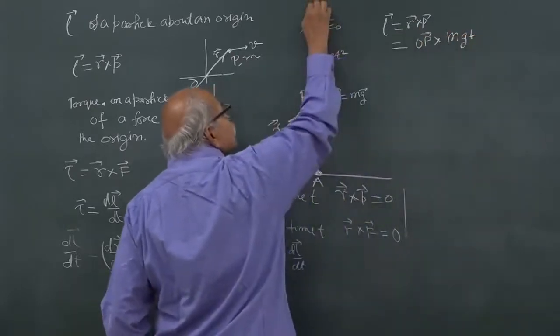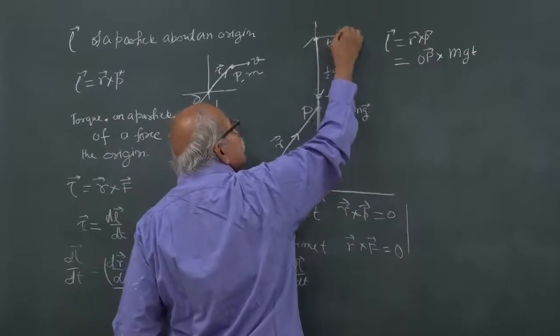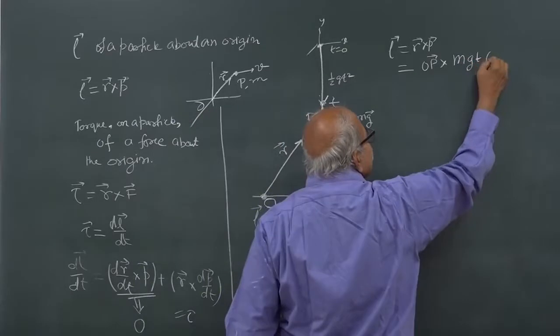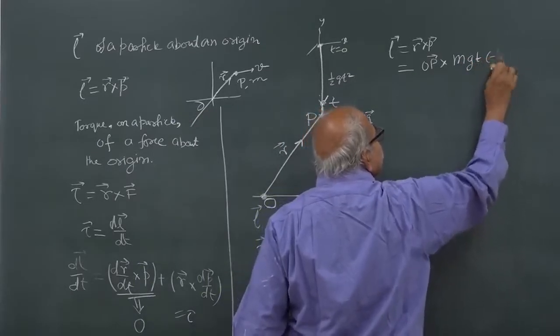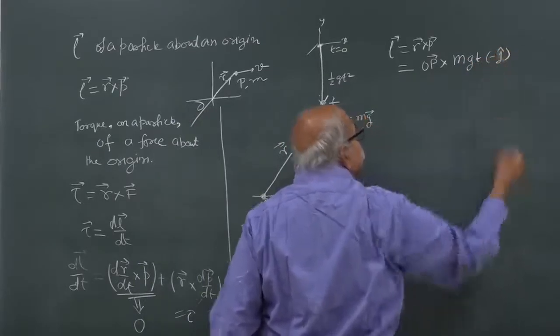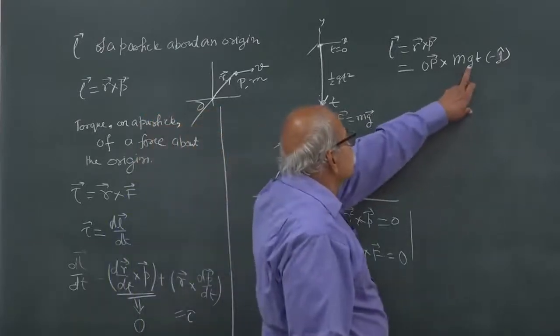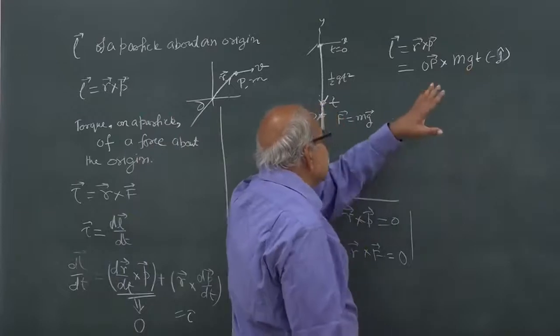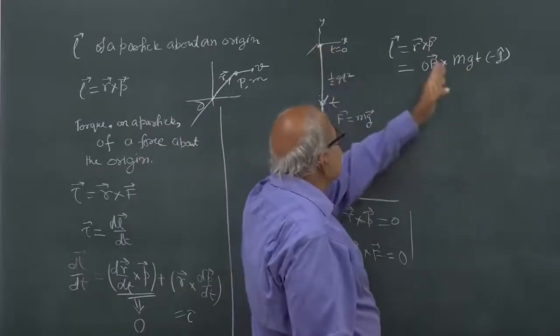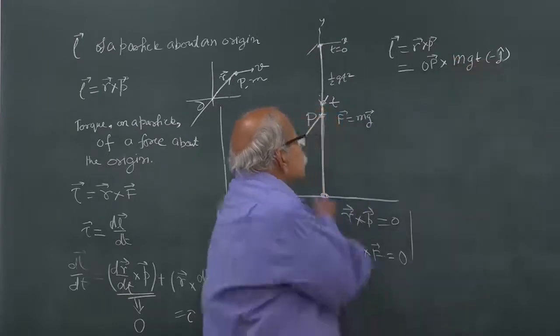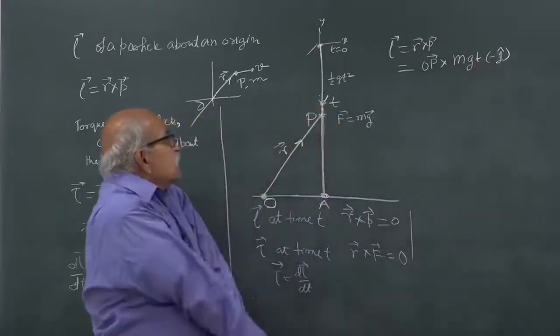If I call this the x axis, this the y axis, then the velocity is g t in the minus j cap direction. Velocity is v equal to u plus g t, u is 0 and therefore, it is m g t, mass times velocity, and the direction of the velocity is in the minus j cap direction.